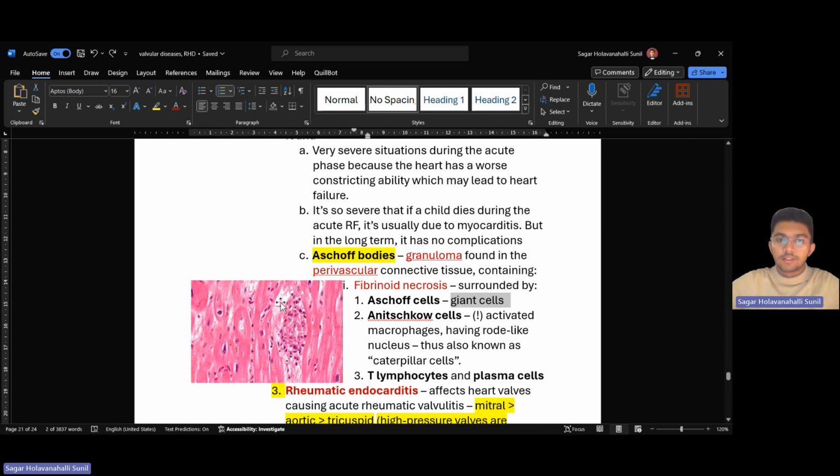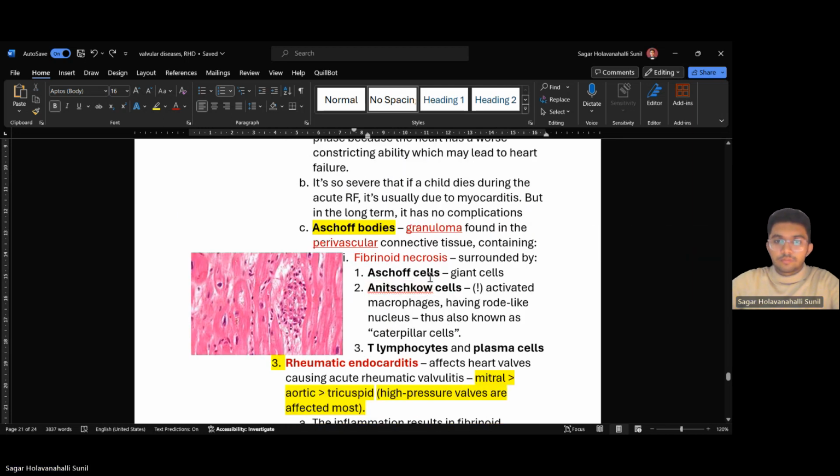Surrounding this, you're going to have damaged myocardium, and this entire complex is technically a granuloma. There are multiple complexes like these that surround a vessel, so they're present in the perivascular connective tissue.